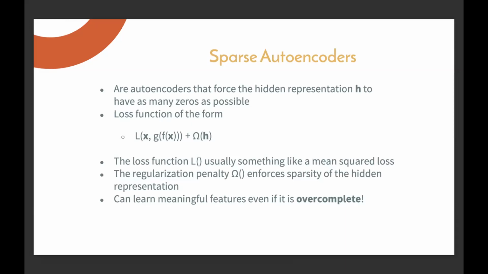We want it to generalize well to other domain data sets. If we didn't add this regularization, h would be very dependent on this data set, which is not very good, right? We want it to generalize, and we want to learn some meaningful features.